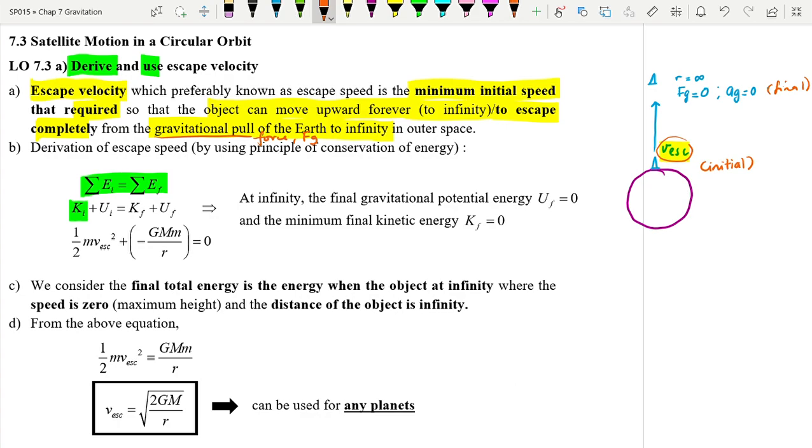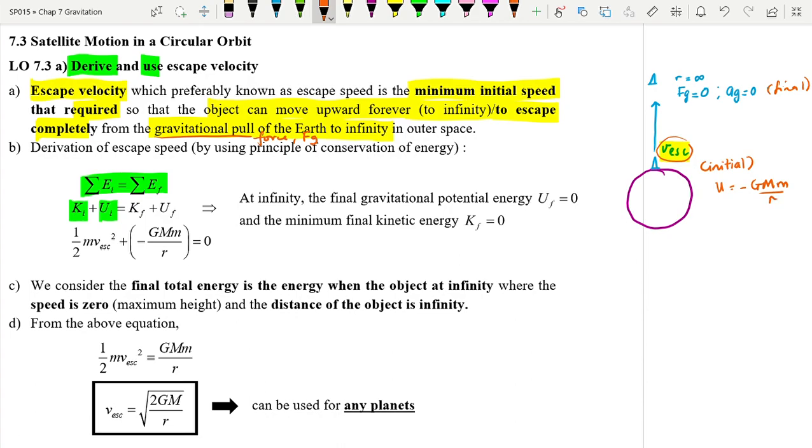Kemudian ada tak potential energy U? Okay, gravitational potential energy yang kita discuss dalam 7.2. Ada ataupun tidak, kita tengok balik pada formula gravitational potential energy. So gravitational potential energy is given by U equals negative G(m)m/r.